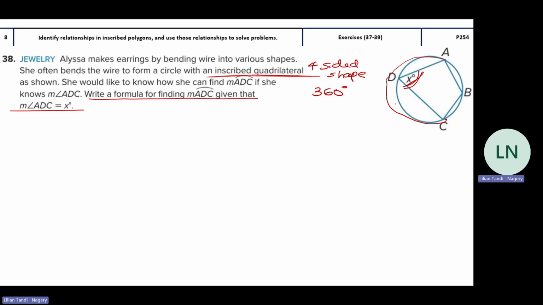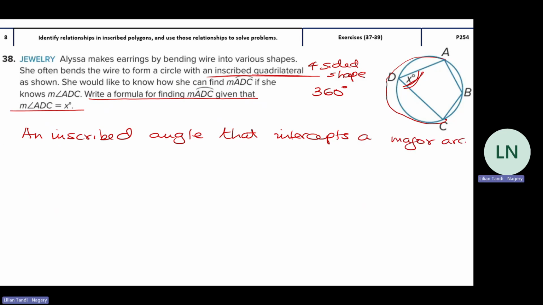Remember that canon: an inscribed angle that intercepts a major arc.